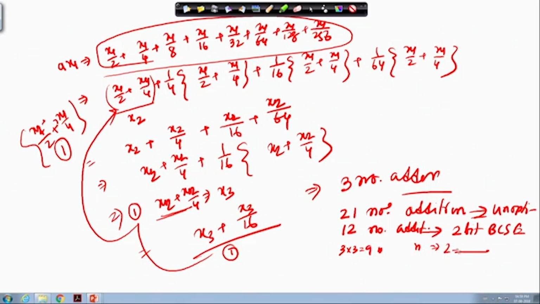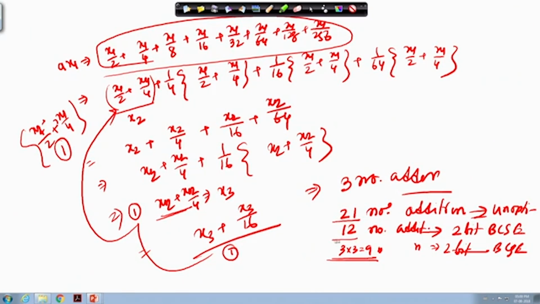So, this is 2 bit BCSE, but the common I have applied in 2 directions, which are vertical ones and horizontal ones. Okay. So, how vertical ones, how horizontal ones, that I will show you in the presentation, but here the number will become 9 now. So, initially we started with 21 number of addition operations. After 2 bit BCS we found the number as 12.